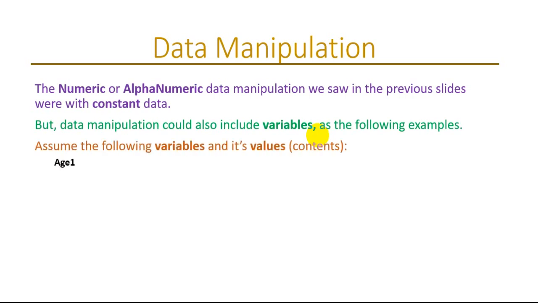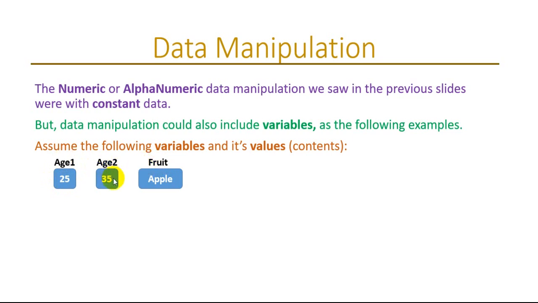So we will assume there are 3 variables called age1, age2, and fruit, and these variables have different values. Age1 and age2 are numeric variables. Fruit is an alphanumeric variable. Age1 contains the numeric constant 25, so this is a numeric variable.